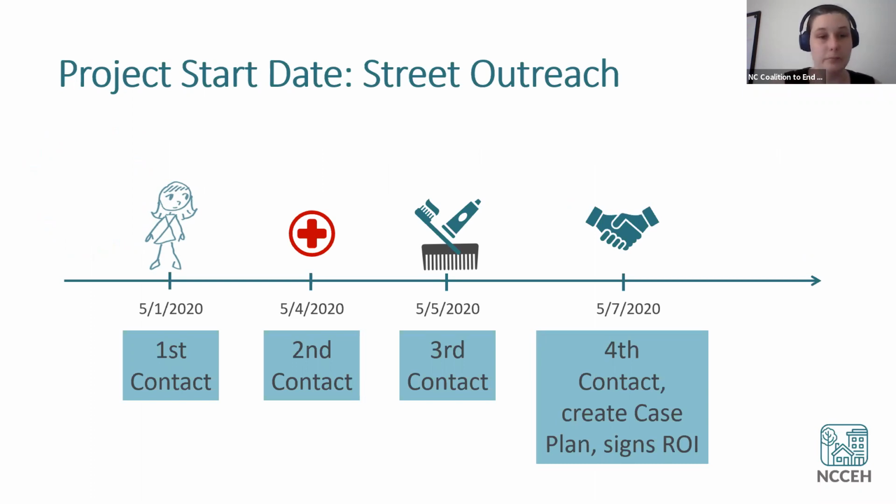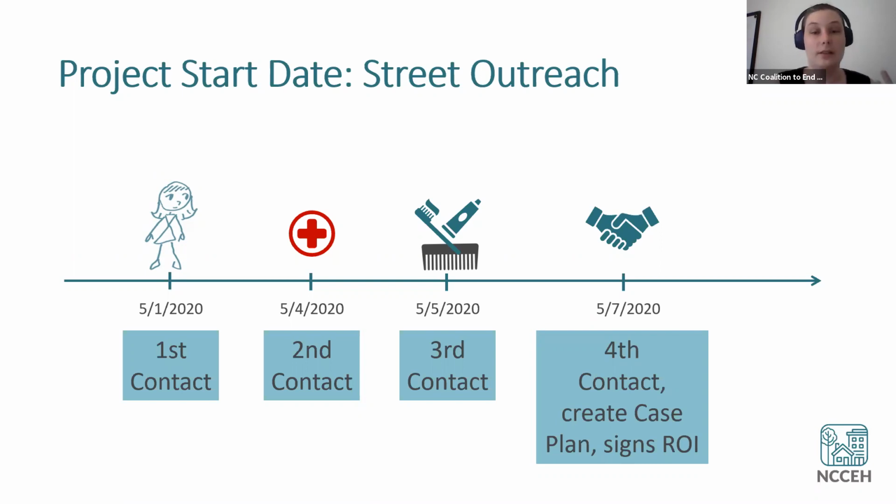Our outreach worker first met her on the 1st of May, and was able to make a little bit of a connection and return a few days later with some medical supplies to continue to talk to our client. 1 day later, there's an exchange of some hygiene products, so continuing to deliver some services to our client.